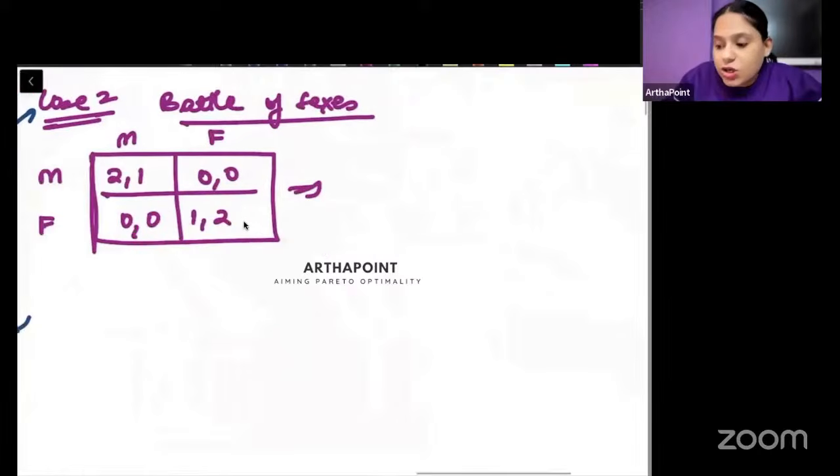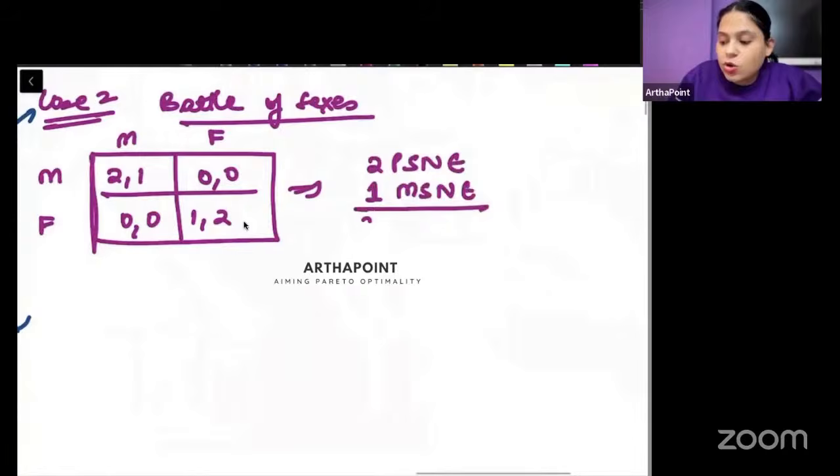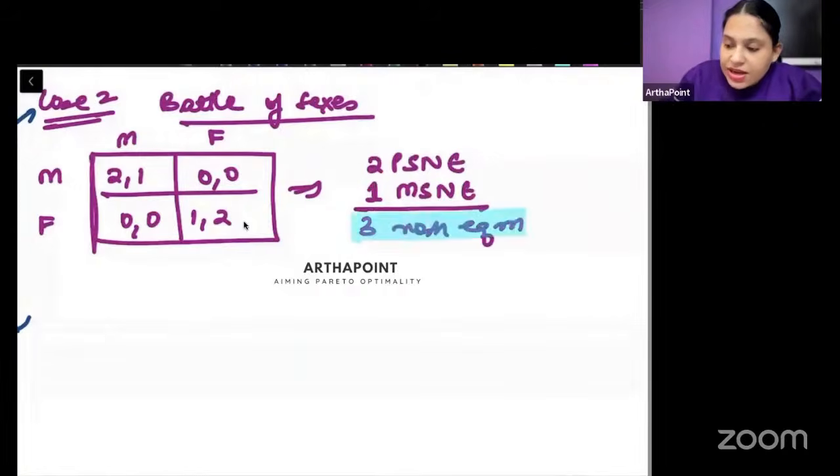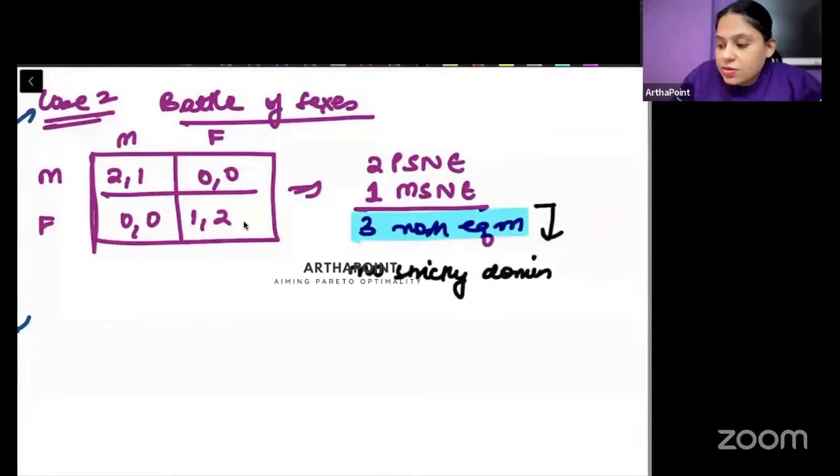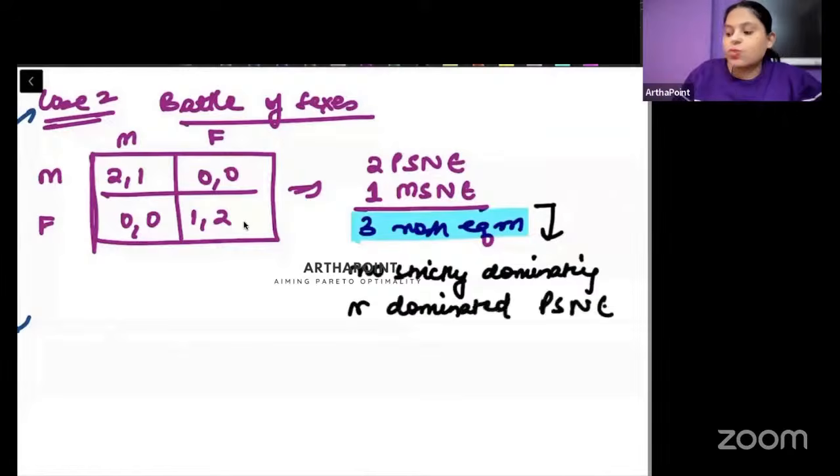We saw that there were two pure strategy Nash equilibria and one mixed strategy Nash equilibrium, a total of 3 Nash equilibria existed. And in this game we saw that there was no strictly dominating or dominated pure strategy Nash equilibrium.